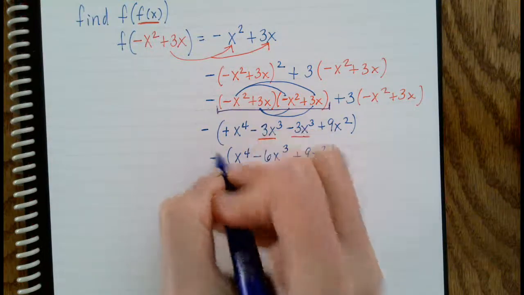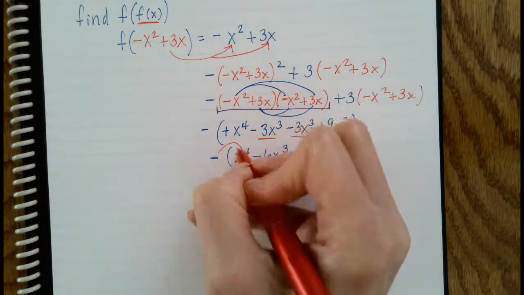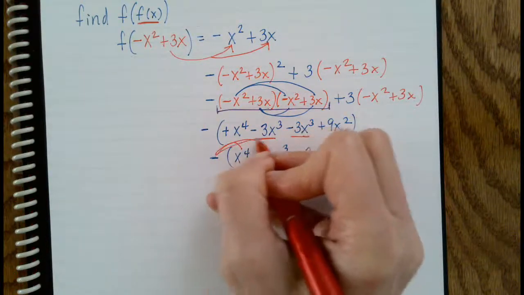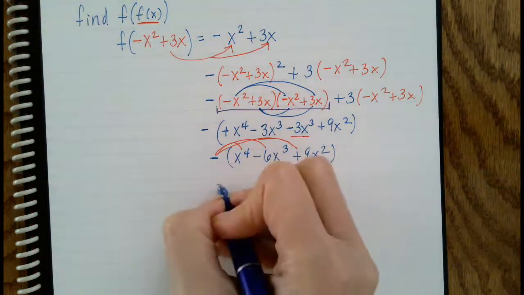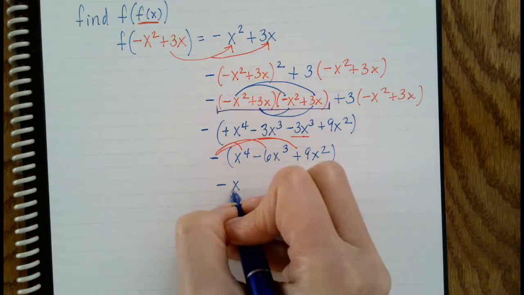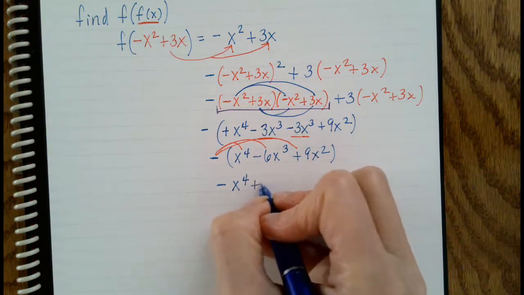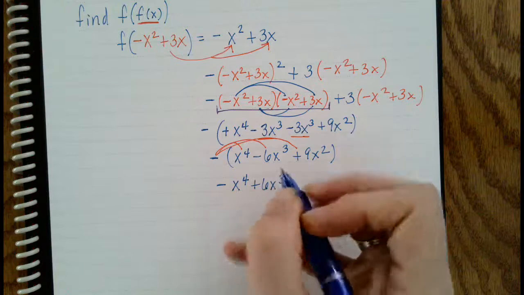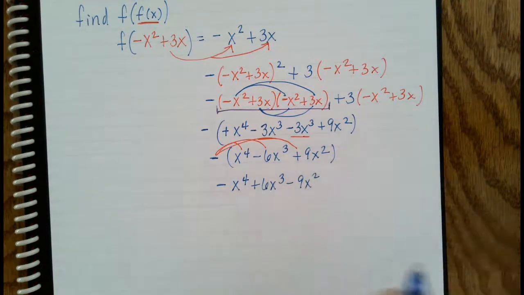And now we still need to deal with that negative on the outside, so we're going to distribute. So finally, with this first part of the problem, we get negative x to the fourth. Negative times negative is positive 6x cubed. Negative times positive is negative 9x squared.